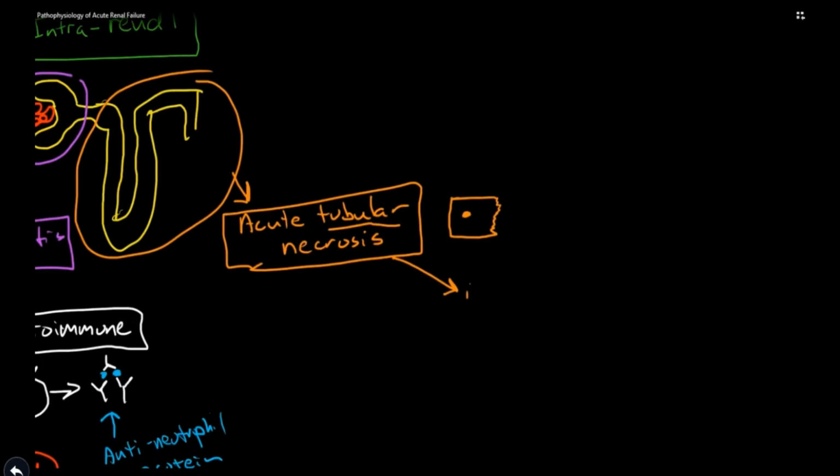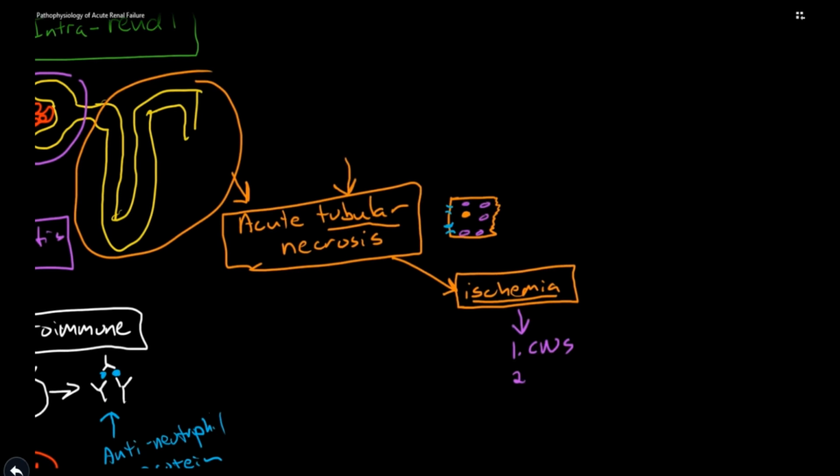If you remember, the tubules in the kidneys, the epithelial cells, are very dependent on a constant supply of oxygen and energy. They're hypermetabolic, and they do not deal well with ischemia. They are injured very, very easily. In fact, behind the central nervous system, the epithelial cells in the kidney are the most hypermetabolic cells inside the body itself.